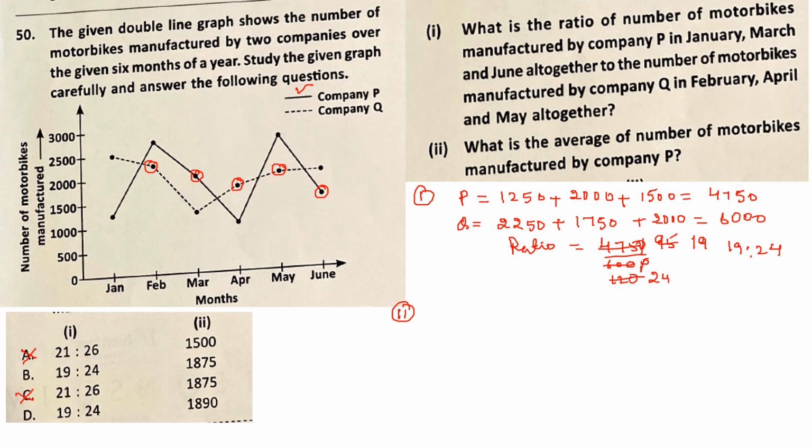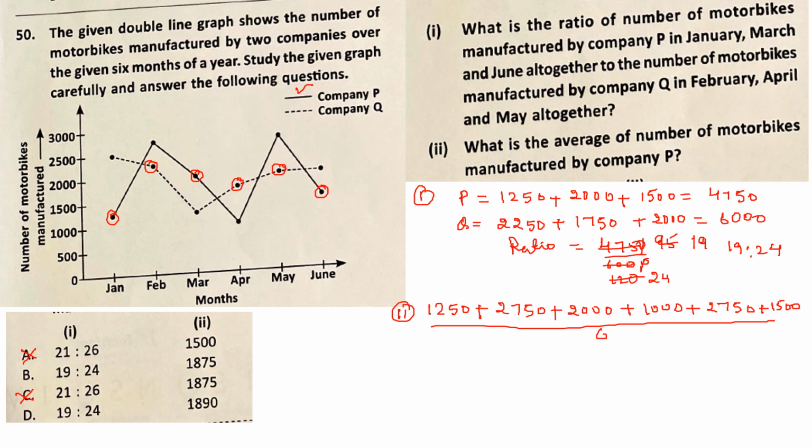So let's see, company P is given using a solid line, right? In the month of January it is 1250, plus in February it is 2750. Then in March it is 2000, plus April it is 1000, and in May it is 2750, and in June it is 1500, divided by 6, because the data is given for 6 months.